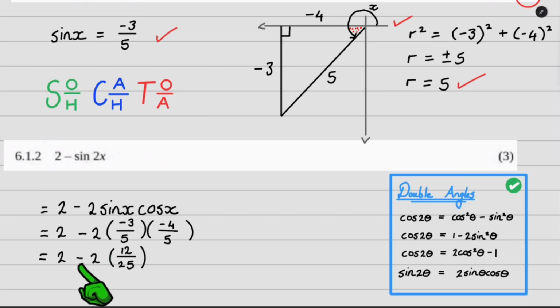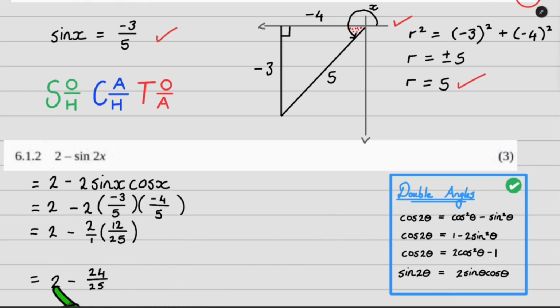Now I'm going to multiply this negative 2 with this bracket, and do the same thing, top times top, bottom times bottom, but I'll convert this into a fraction first. So I'm going to change this to 2 over 1. And then top times top will give me 24, bottom times bottom will give me 25.